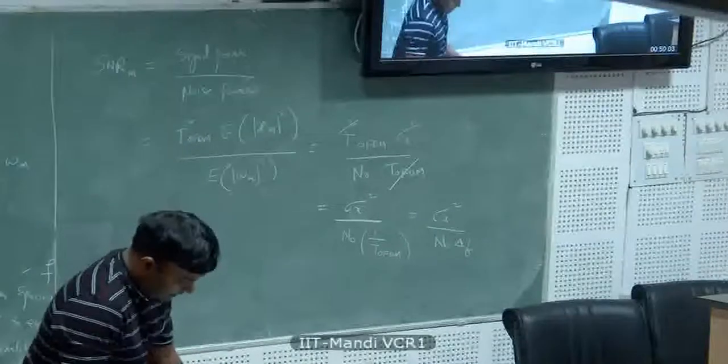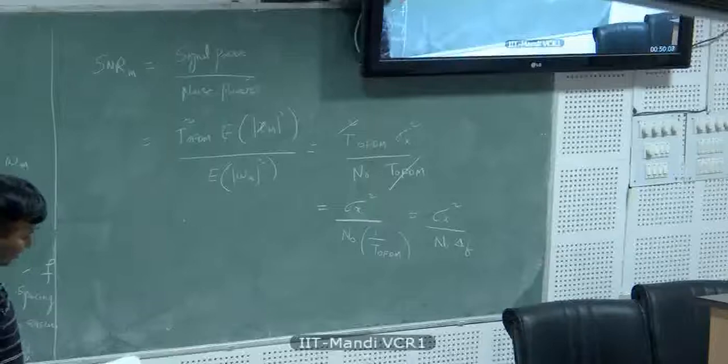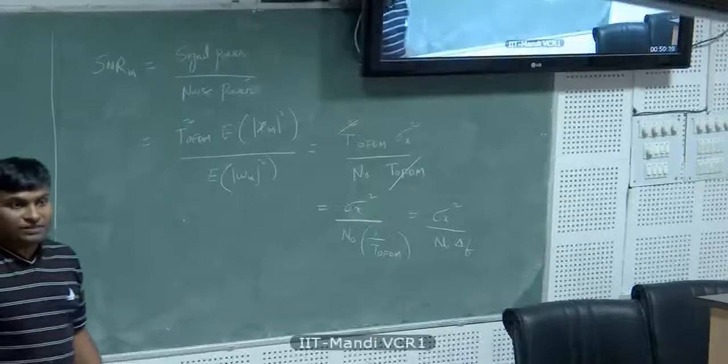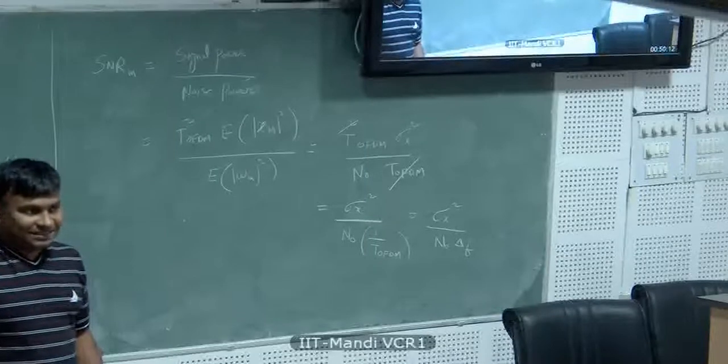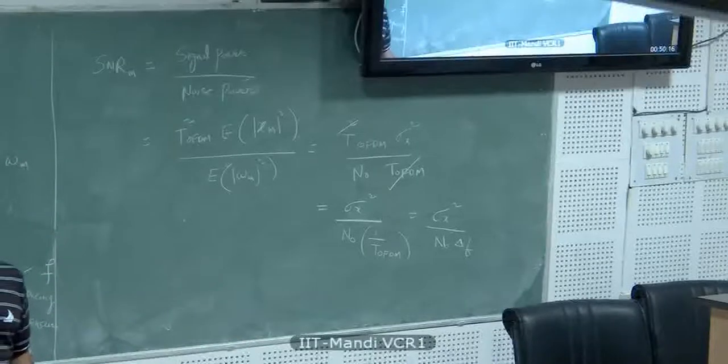We'll end this lecture by making one more remark about the transmitted signal power. It's not sufficient to talk about signal to noise ratio at the receiver. You also have to talk about the power incurred in the transmission, because we are transmitting N tones. Okay?